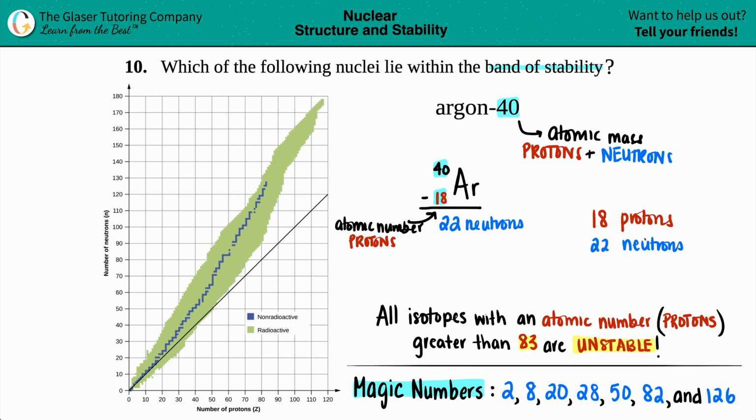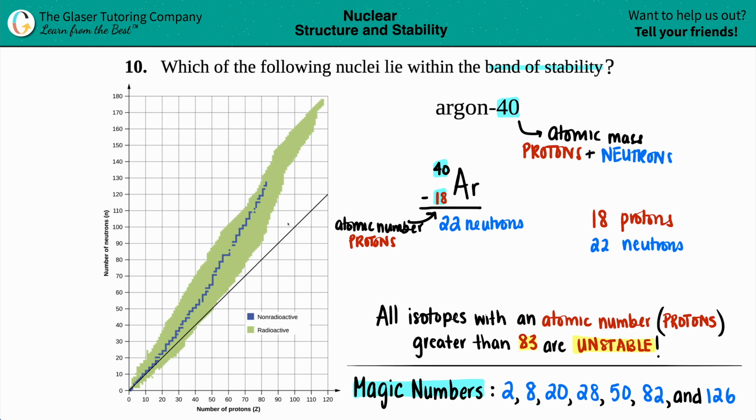But that's okay, because if they're not magic numbers, then you have to go to your band of stability graph. And this is how you read it. The stable isotopes are all the ones that are in blue. So there are very few stable isotopes out there. The green ones are all the isotopes that are unstable. So there are a lot of unstable atoms in this world.